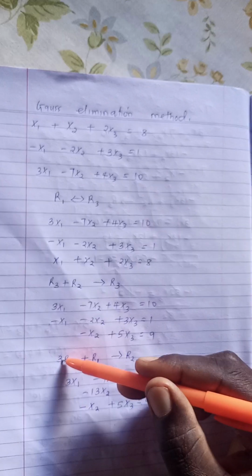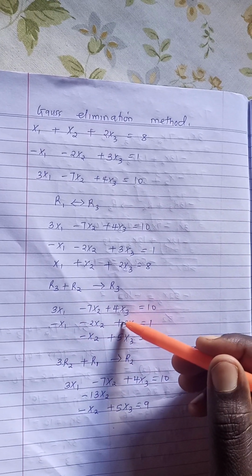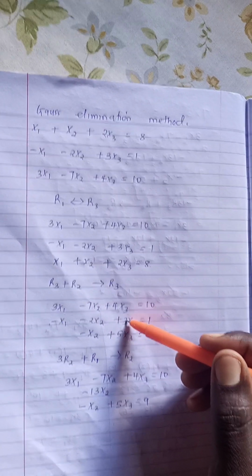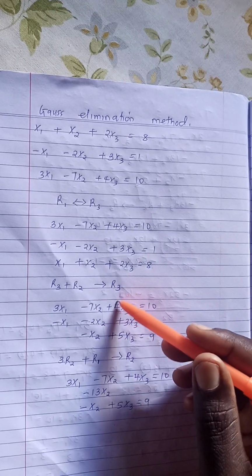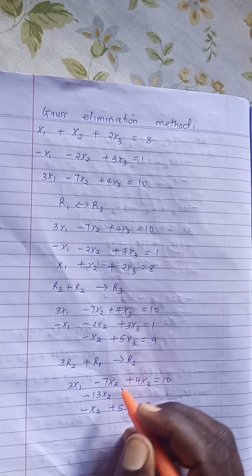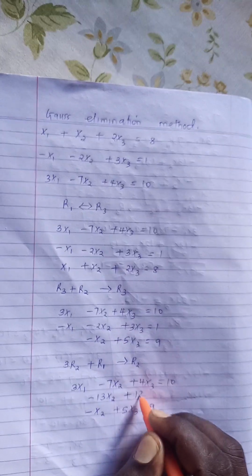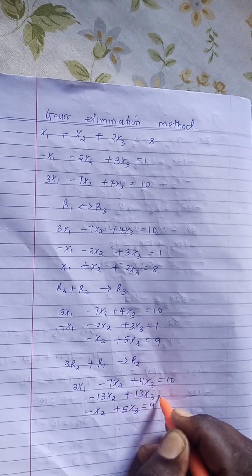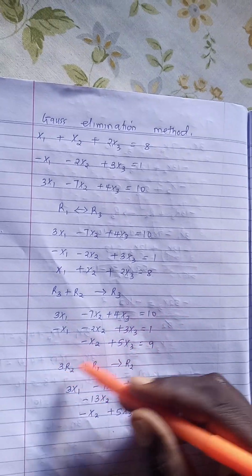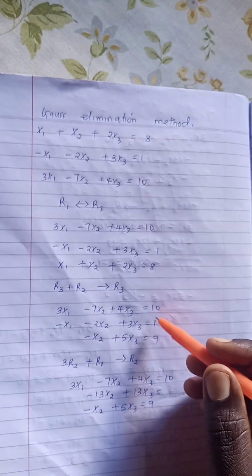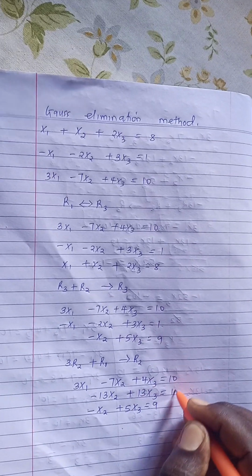Then I have 3 times 3x3 will be 9x3 plus 4x3 will be 13x3, that is positive 13x3 is equals to 3 times 1 is 3 plus 10 is 13.